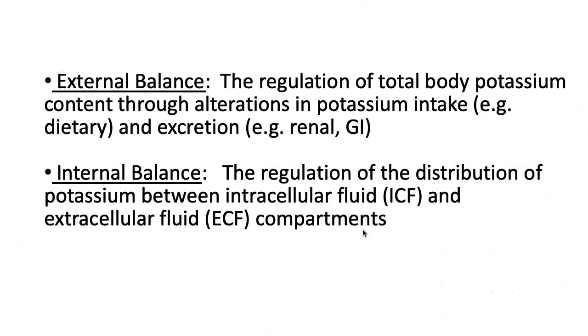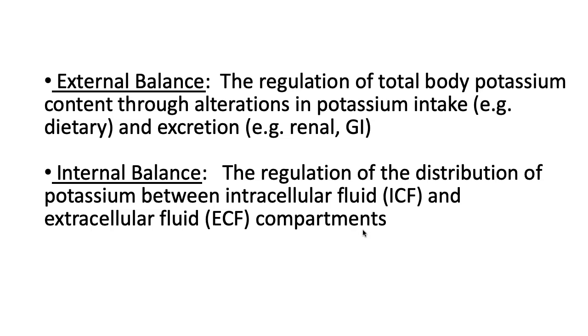Okay, all right. How do we avoid all this stuff? We're going to talk about how we regulate potassium homeostasis. There are two main categories: internal balance and external balance. External balance is how we regulate total body potassium through how we absorb and excrete potassium.